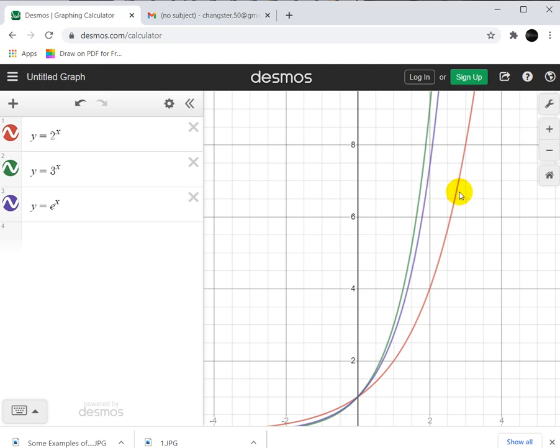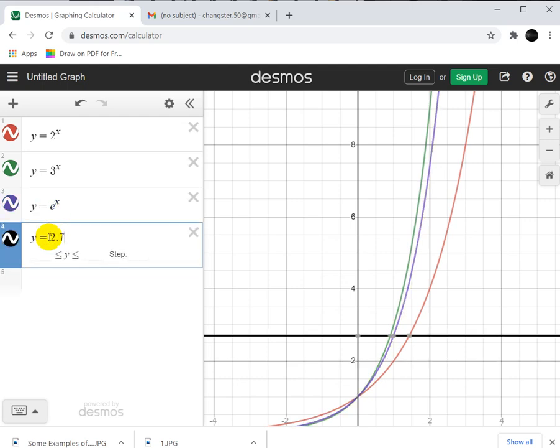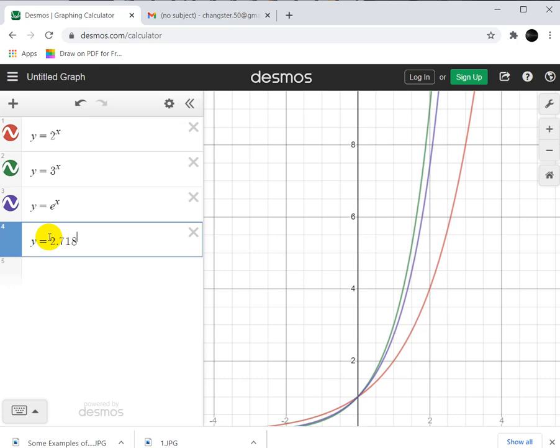You see 2 raised to x is in red and 3 raised to x is in green, and the purple graph is right in the middle. You can also represent this by putting 2.718 and raising that to the power of x. If I toggle, you can see that's what e is equal to. e is approximately 2.718.